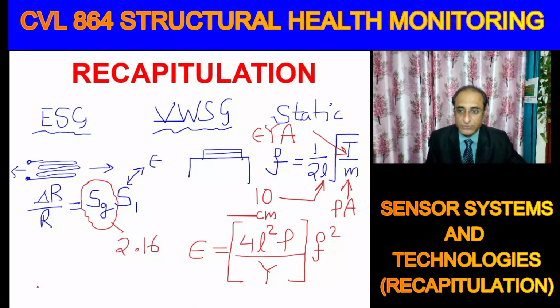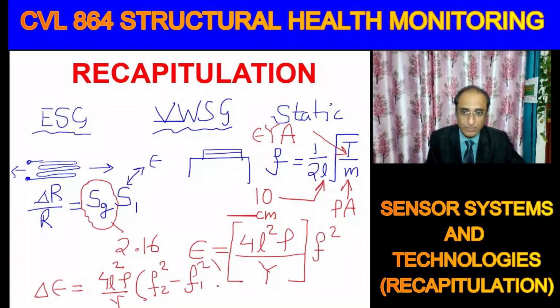The strain induced will be equal to the differential strain when the person is standing, that will be equal to 4L square rho, Young's modulus in the denominator, and here we have f2 square minus f1 square. By this, if it's a tensile strain, it will come out to be positive, and if it's a compressive strain, it will come out to be negative.